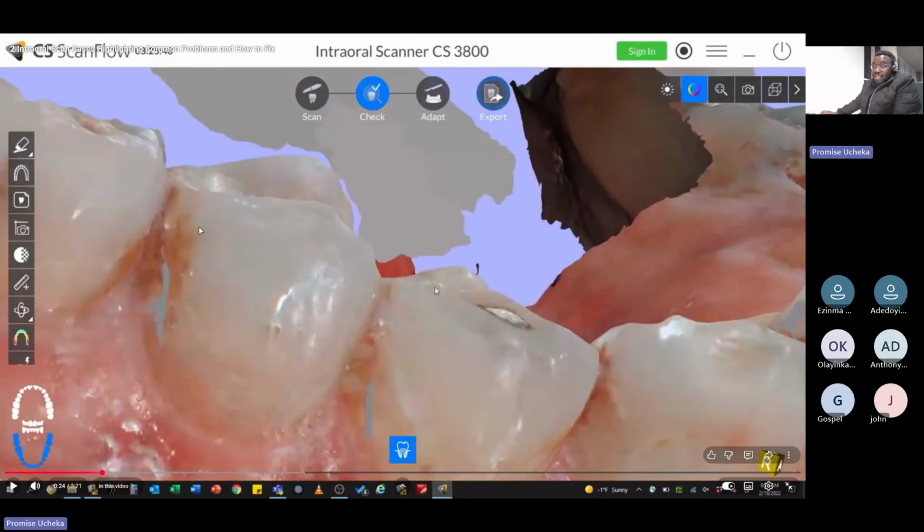Is this calculus, or is it a problem with the scan? I think part of it is stain on the patient's mouth naturally, but the one in the middle there, I think there is overlapping of the image caused by the scanner.